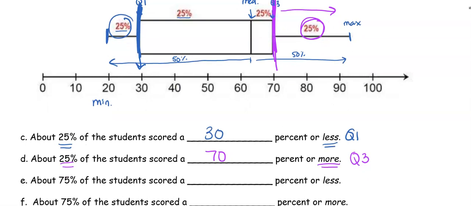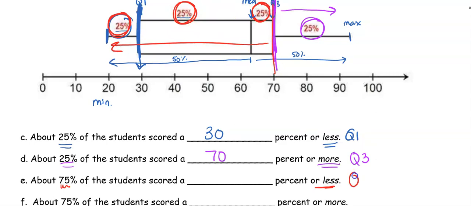About 75% scored this or less. That means you have 75% of your students below this point. Here's 25, here's 25, here's 25. That's 75% are below this point. So we're talking about the Q3 again.